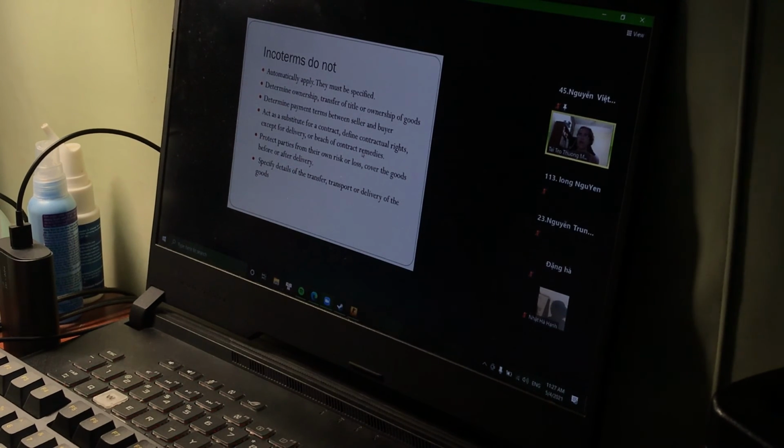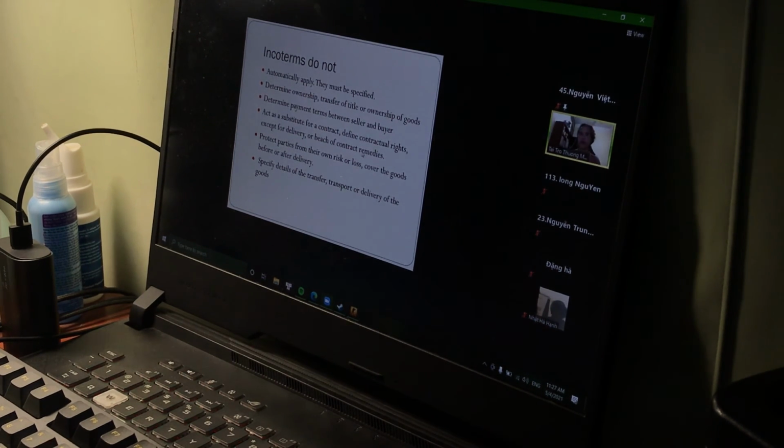For example, DPU states that the exporter has to unload the goods. So remember, when you use Incoterms, you have to remember exactly the contents of Incoterms.